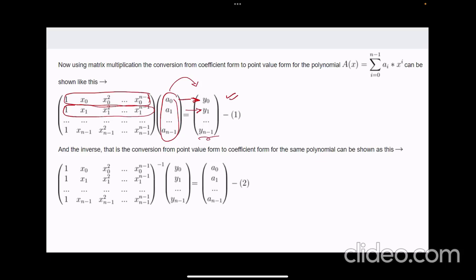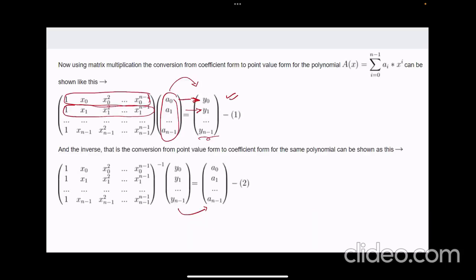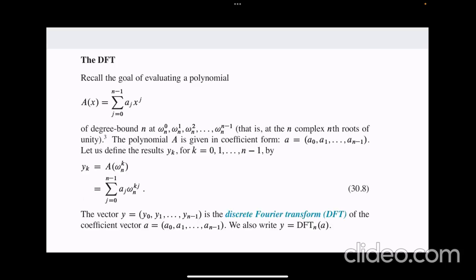And if I take its inverse, I can go from the point form back to the coefficient form. So this again is a computationally expensive task. I would again want to reduce the time complexity here as well from theta of n square to a lower time complexity. So how can I do that?